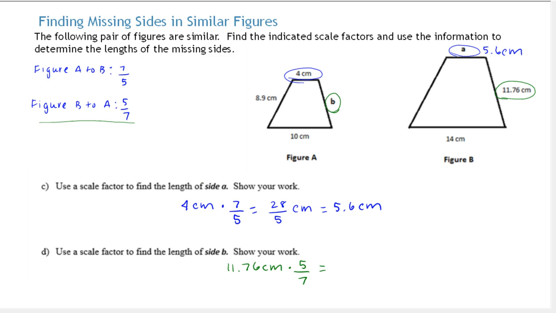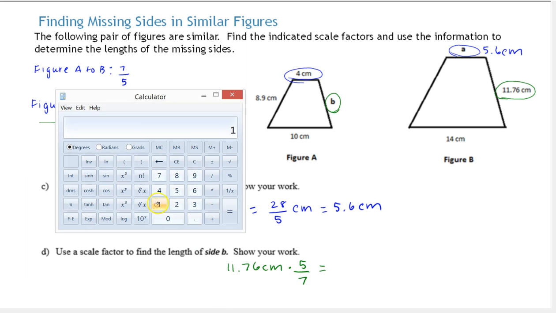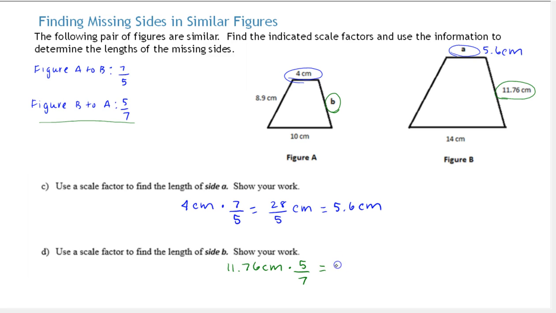I am going to put this in the calculator. 11.76 times 5 divided by 7, and we get 8.4 centimeters. So side B is 8.4 centimeters, and that seems to coincide with the relative size. It's less than 11.76, so I've used the correct scale factor.